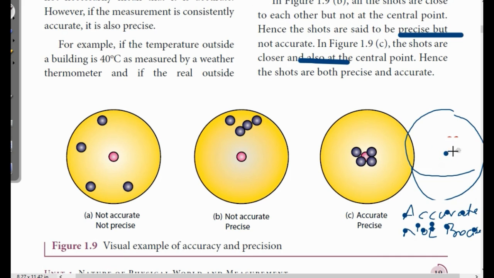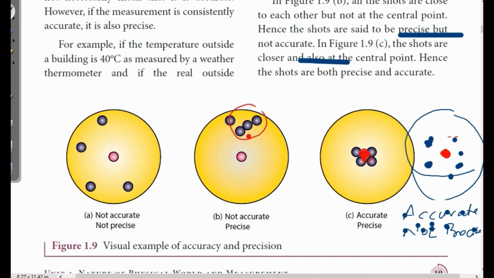Consider this portion as the red portion. When he exactly shoots here, in this portion, it is said to be accurate, and when he consistently shoots all four in the same place, it is also said to be precise.